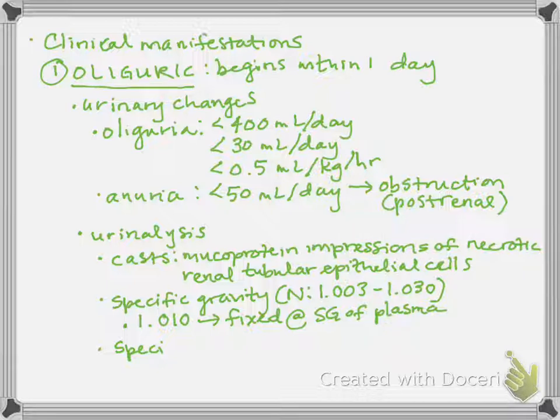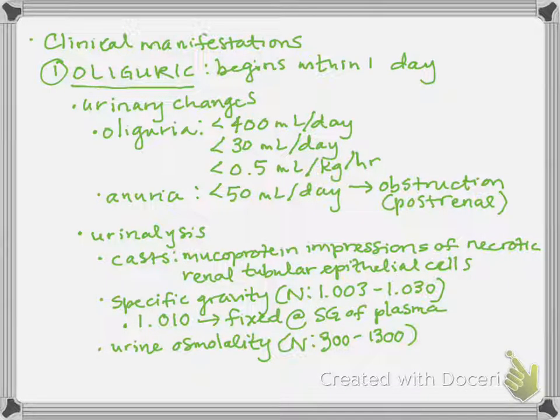With urine osmolality. So urine osmolality, normal is a pretty wide range, and you'll see different numbers, but 300 to 1300 milliosmoles per kilogram. It's more accurate than specific gravity because osmolality measures concentration by weight rather than volume.